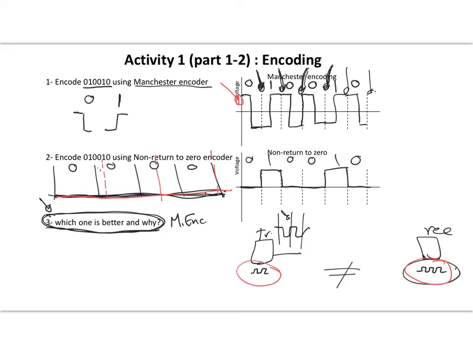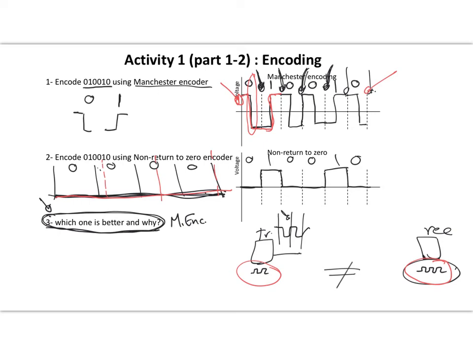How can this digital signal give me any information about synchronization? The rule is the more changes you have in the signal, the better, because if you have changes in the signal that look like this, I can see that change and say, oh, that usually happens in the middle of the signal.